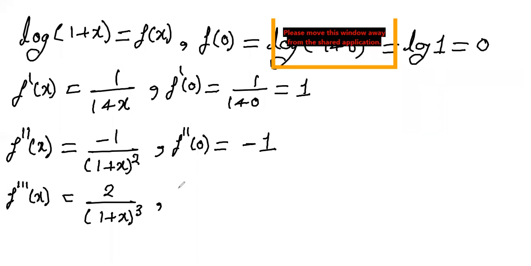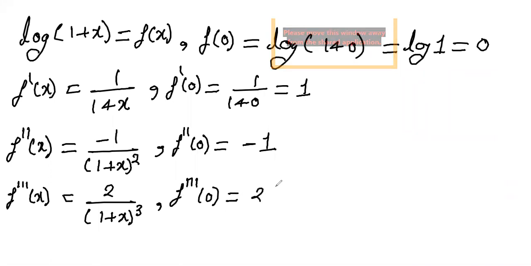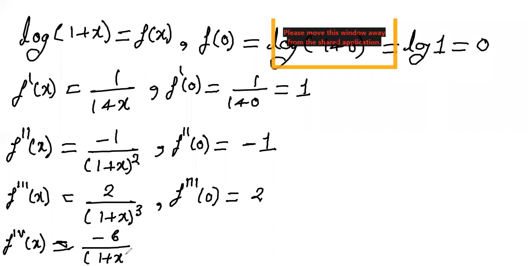So f triple dash 0 will be 2, and the next differentiation of f will be minus 6 upon 1 plus x to the power 4.